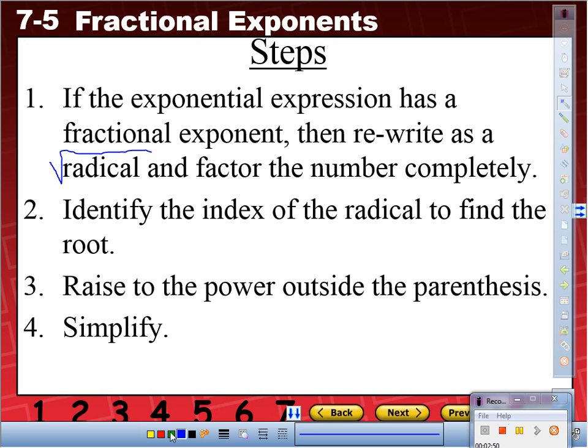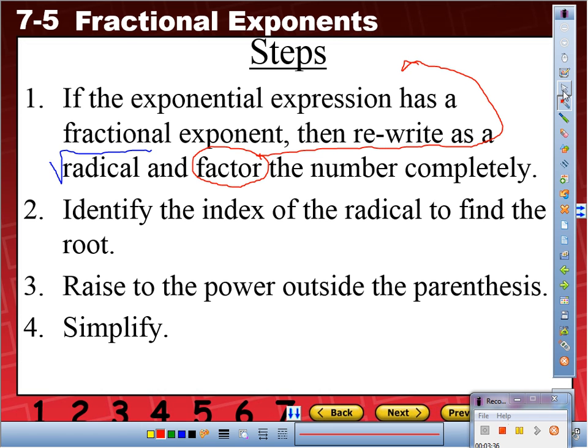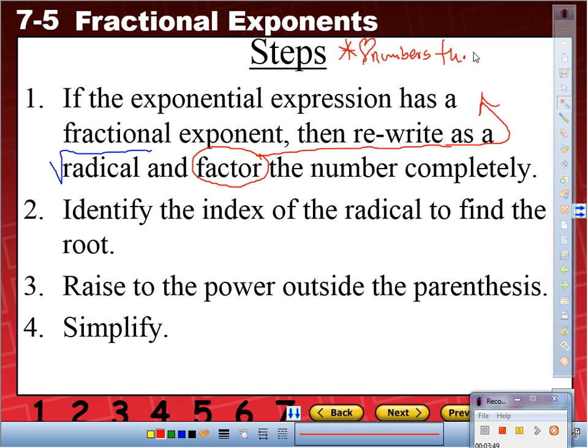Next, I want you to circle with red the word factor. Draw an arrow to the left side on the Q side and write this down. Factor. Put a little star.